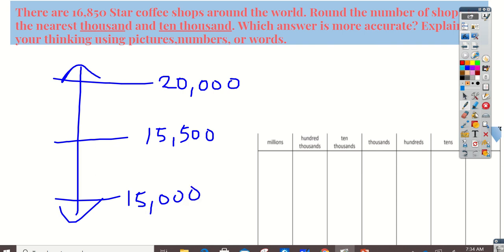We talked about this as counting up by fives to find the midway point. And so where would 16,800 go? Well, we know that it'll be closer to this unit than the 20,000.